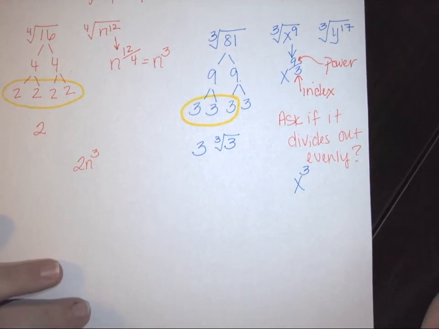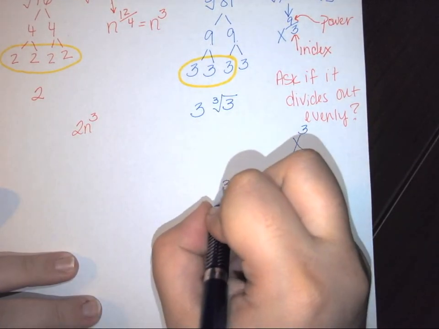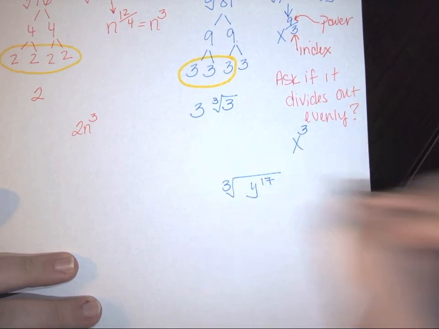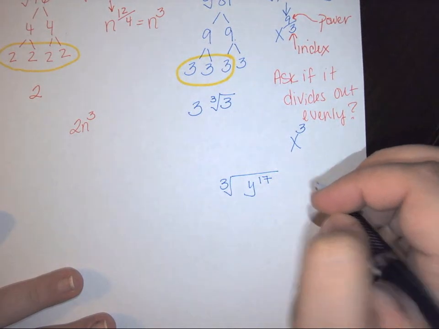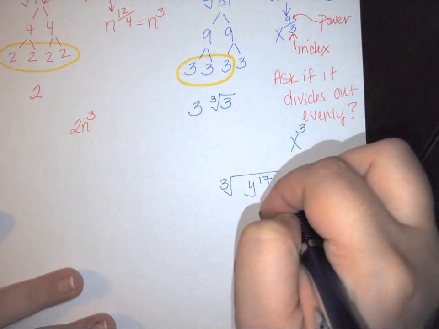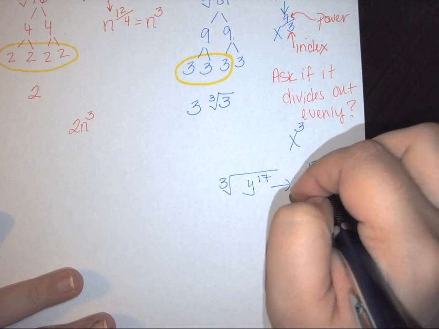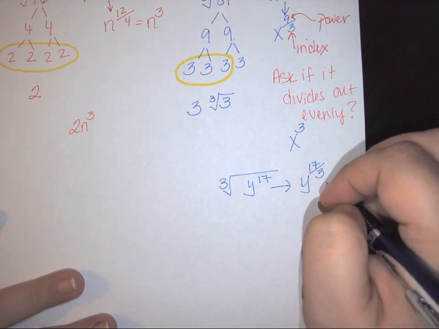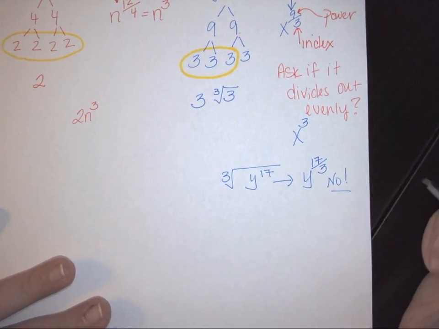Now the last one we have to do is the cube root of y to the 17th. So let's take a look at that. The first thing that I would ask myself is, does y to the 17th over 3 work out evenly? Well, in this case, no it doesn't. So I have to break it down.